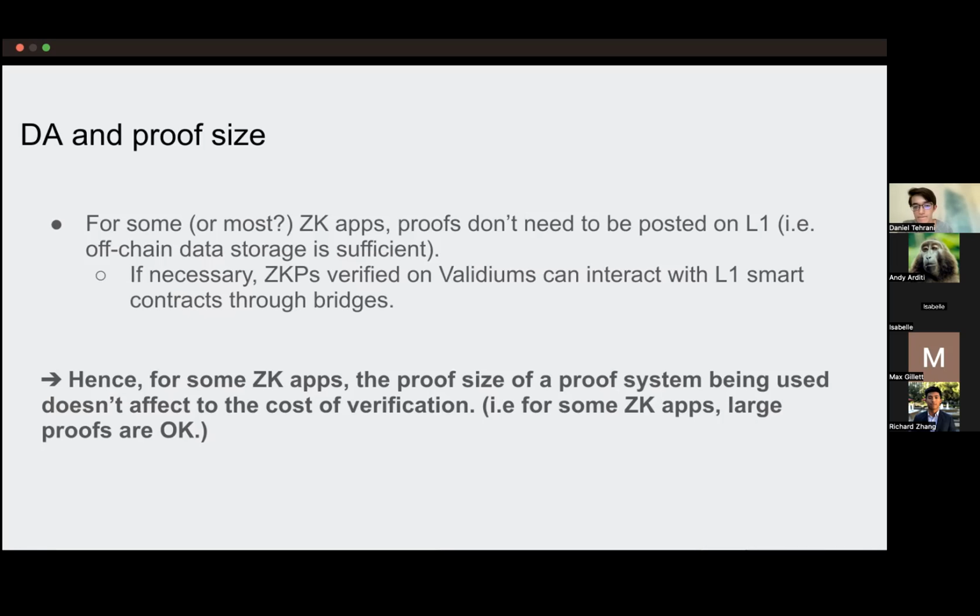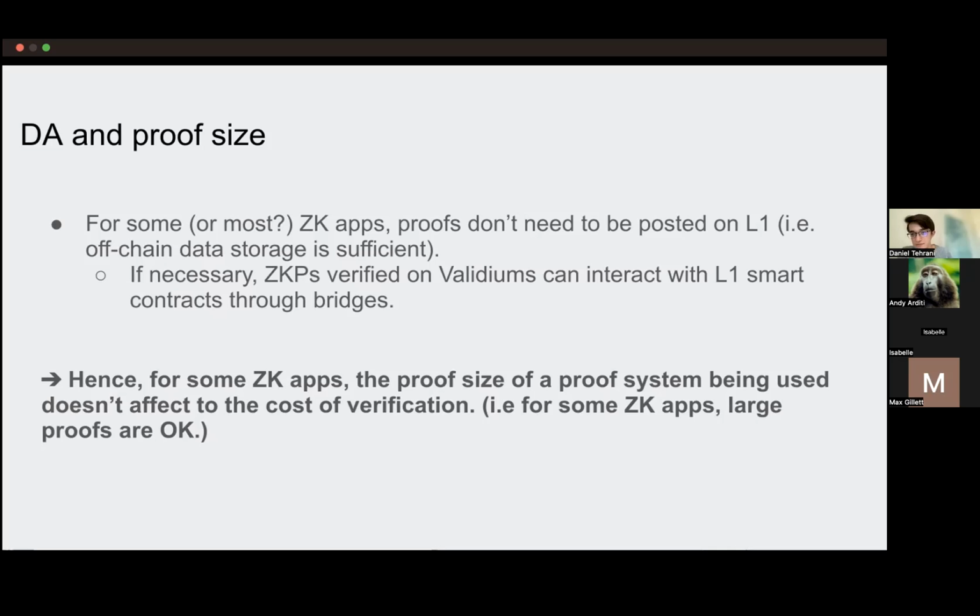Okay, just to be clear, a Validium is when you post your data off-chain, but use a ZK proof to settle on-chain. And you're saying that the ZK proof of settlement is in a way a compression of the off-chain posted ZK proofs. Yeah, exactly.